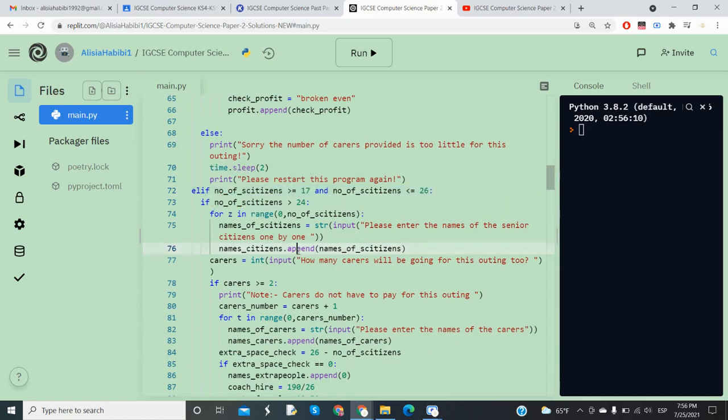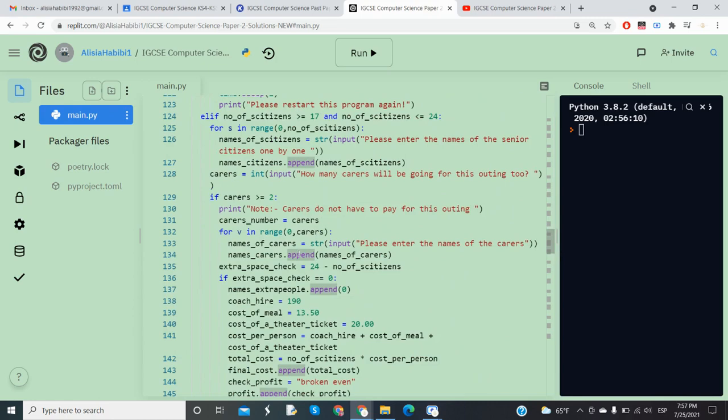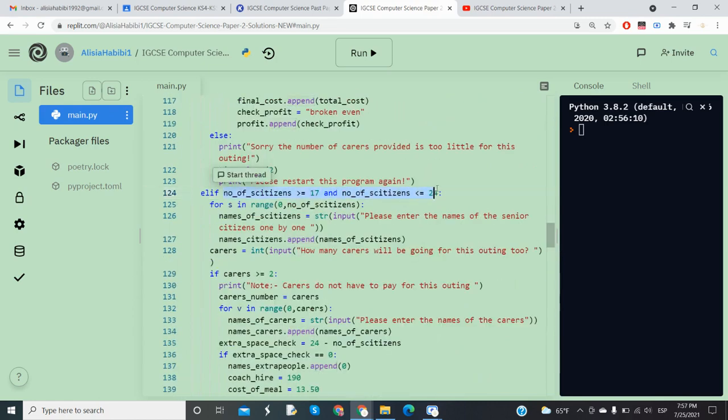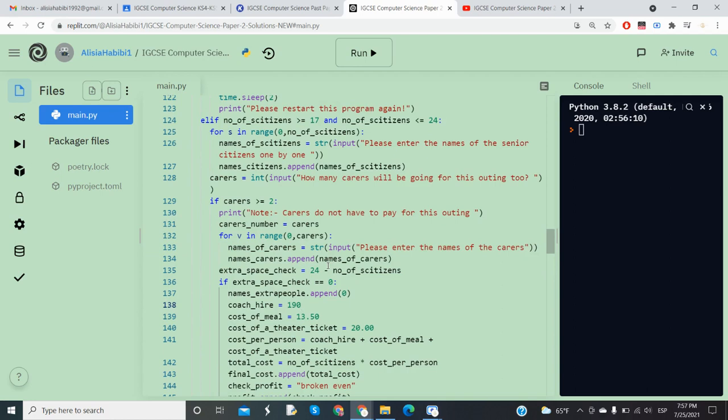So now what I'm saying is, if it falls within just the range from 17 to 24, not greater than 24, then it's going to repeat the same thing again, asking them the same questions, only this time it will be dividing by the maximum number of people again.